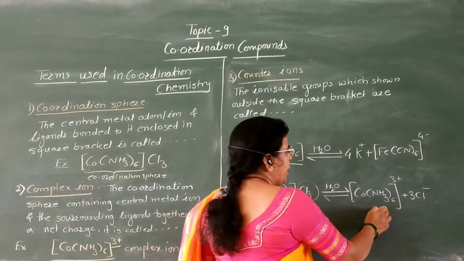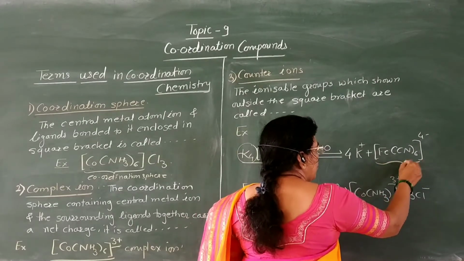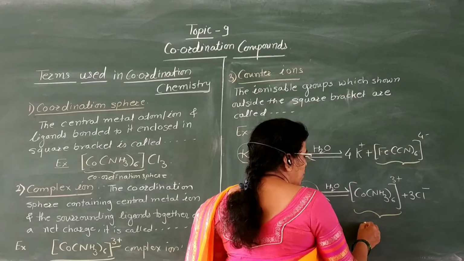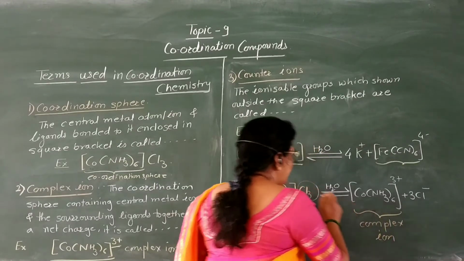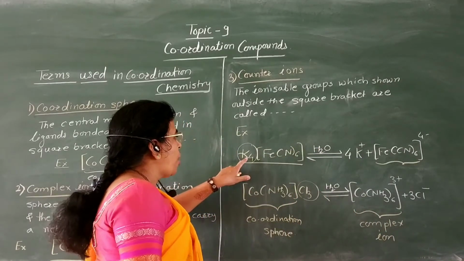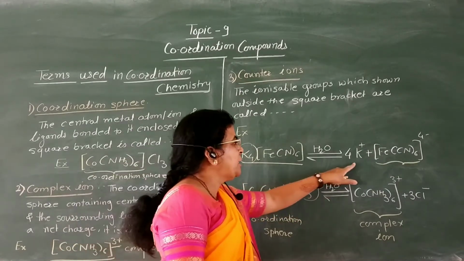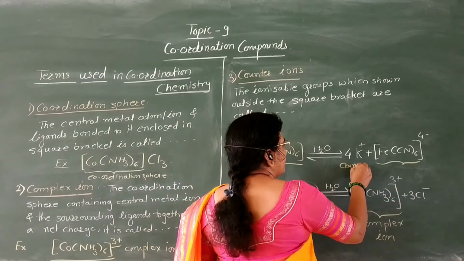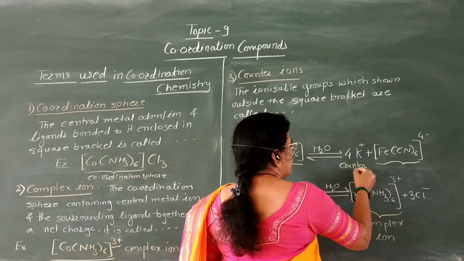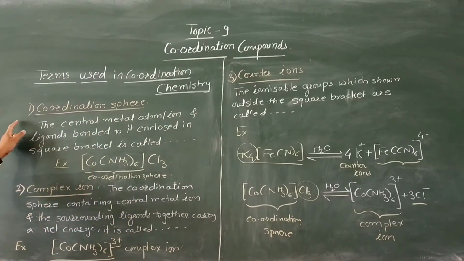Then this Co(NH3)6 3 plus or this Fe(CN)6 4 minus are complex ions. And the ions or atoms or groups which are present outside the square bracket and which can easily undergo ionization are called counter ions. This is also a counter ion. These are the 3 terms which are used in coordination chemistry.